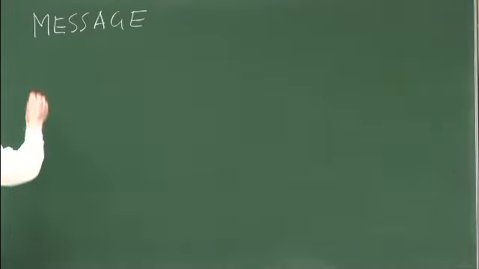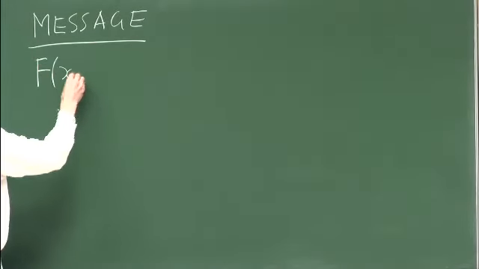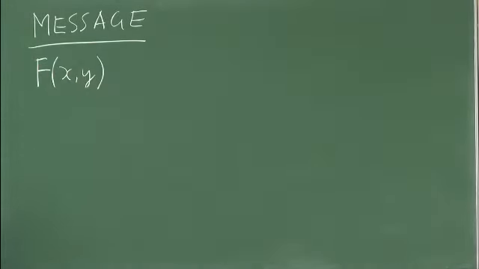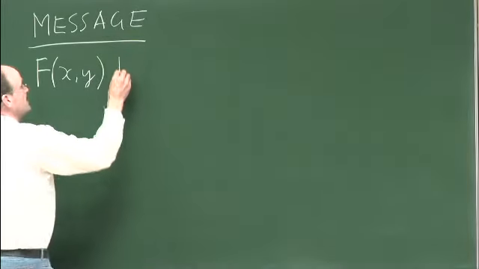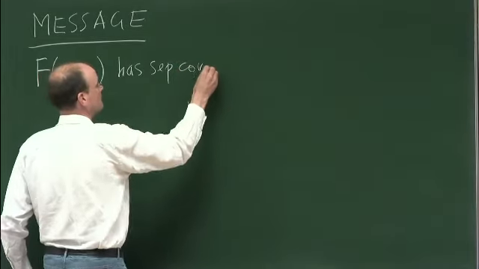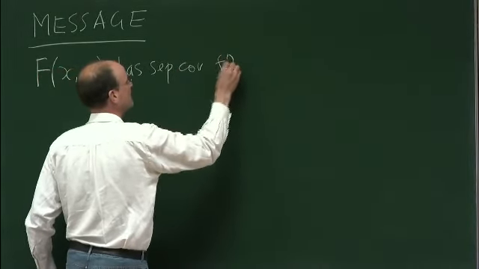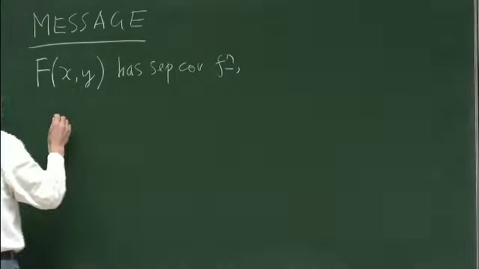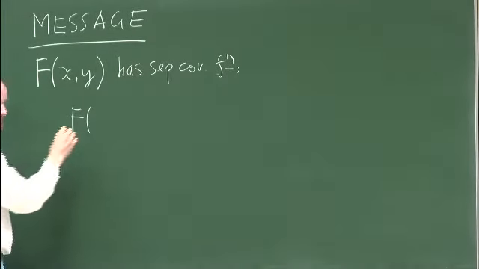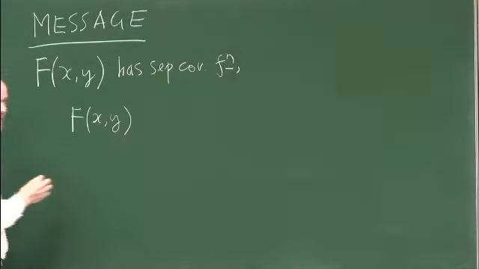And the message is this: if our function f, say, that's our stochastic process, we'll give it two inputs, x and y, but the argument is fully general, right, has a separable covariance function, then, and now this is slightly hand-wavy, but there is precision behind what I'm writing here, but I don't want to go into all the details.